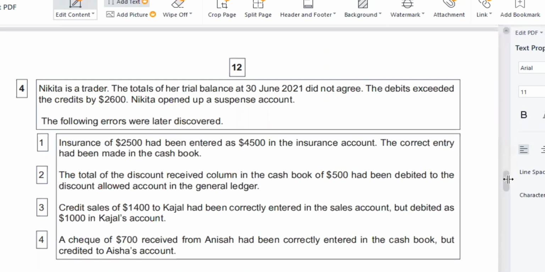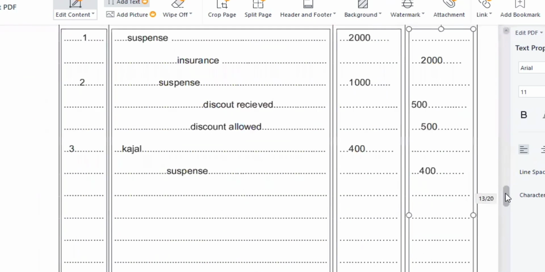So check received, that means bank debit, Anisa credit, but they have credited it to Aisha's account. So Aisha would be debited and Anisa will be credited. Aisha and Anisa with 700.